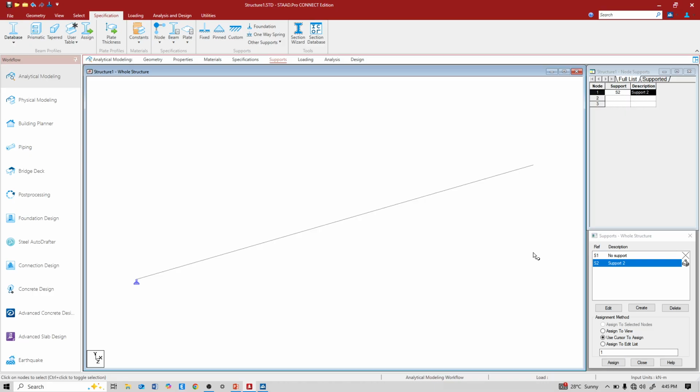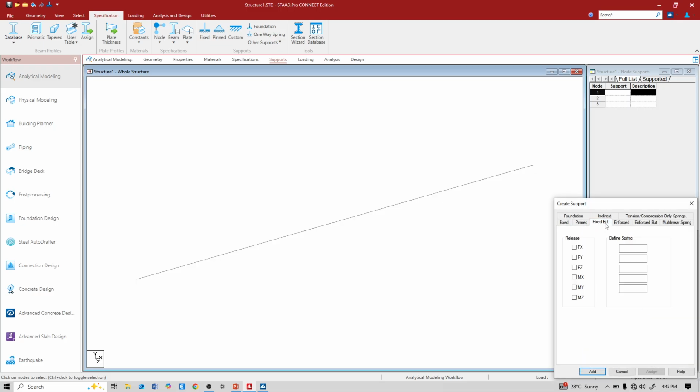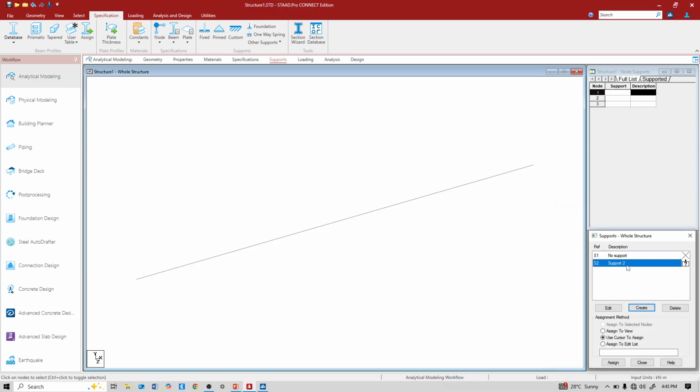Delete this pin support, because our analysis is 2D analysis and we need to release this FZ, MX, MY, MZ. Only Fx and Fy reaction comes. So select this, use cursor to assign again, assign, assign.